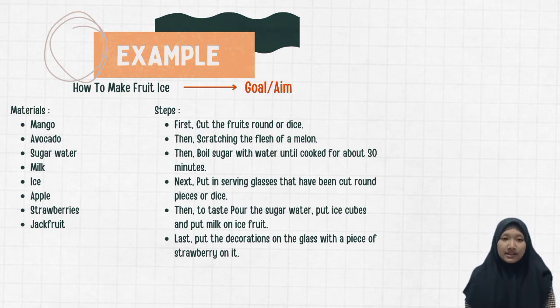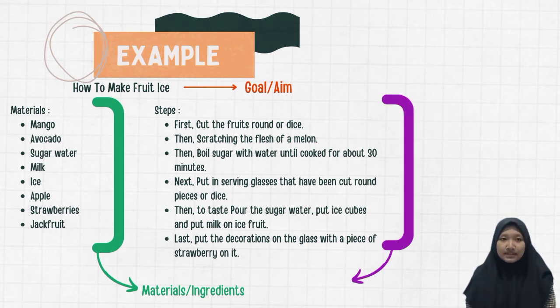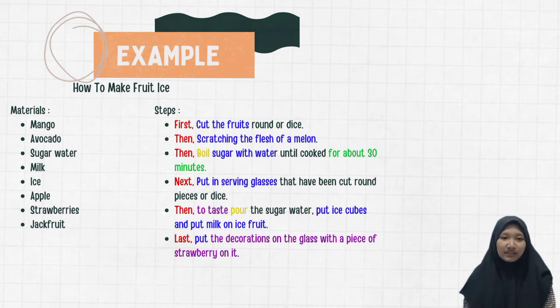So from this text, what is included in the materials or ingredients section is the list of materials, which are marked with green brackets. And the last, the part of working steps which are marked with purple brackets is included in the steps or method sections.